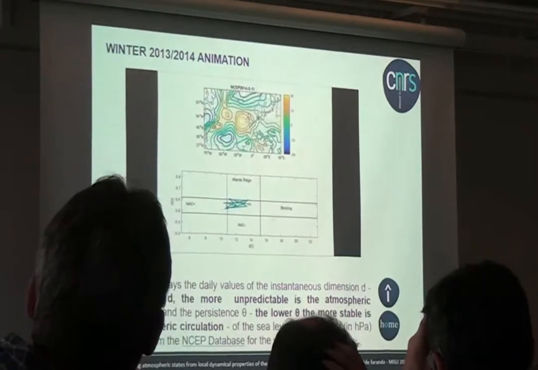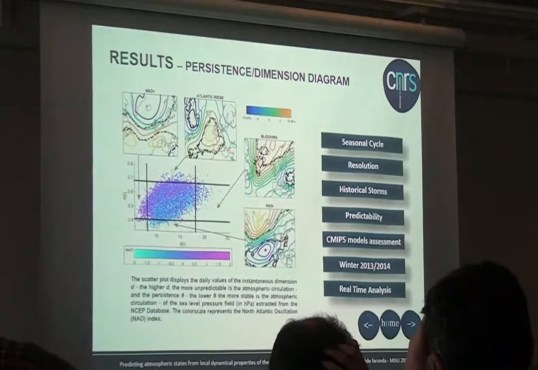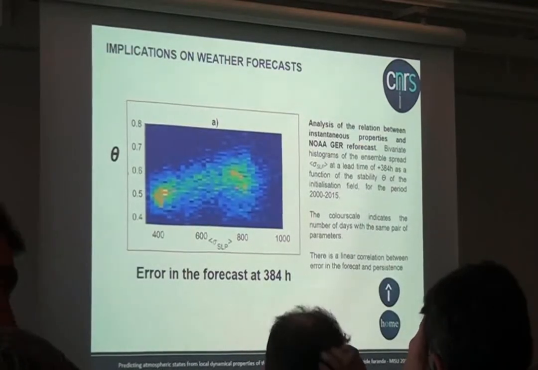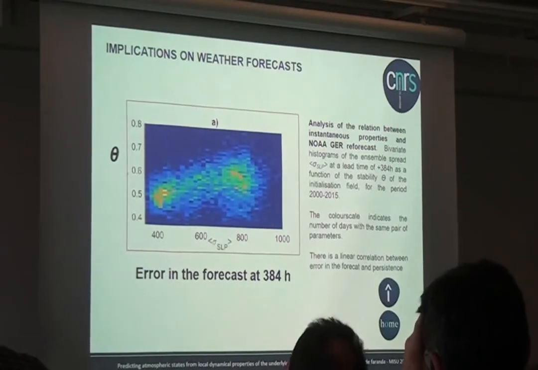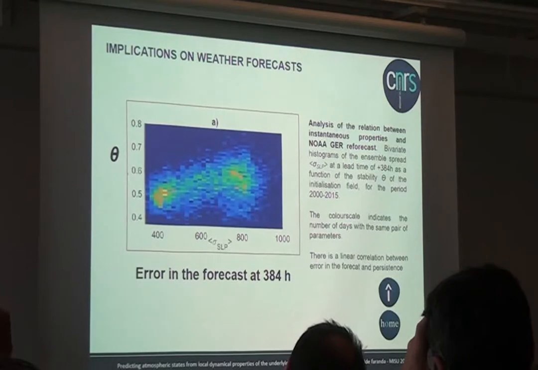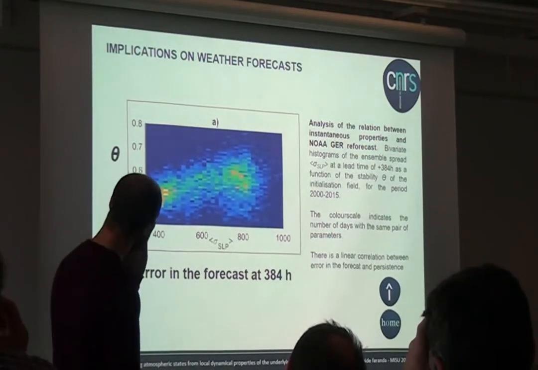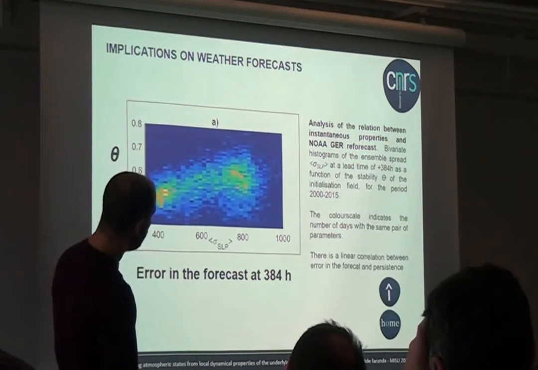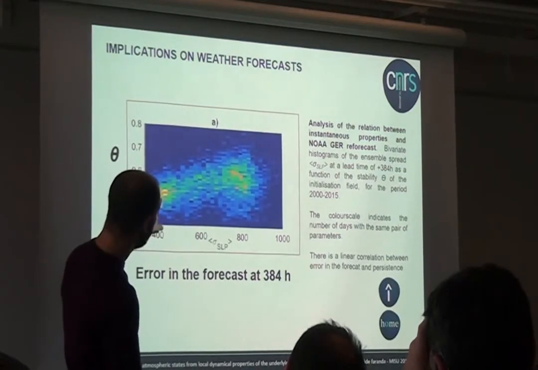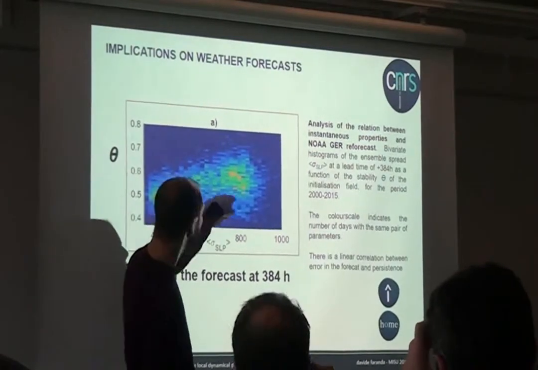Okay. So the last question is how we assess predictability, and then I go away. We look at this GEFS reforecast, still American products, for the last 20 years, and we look at whether there is some kind of relationship with the theta, for example. The more stable, the more predictable, so the lower the error, and the higher the theta, the higher the error.